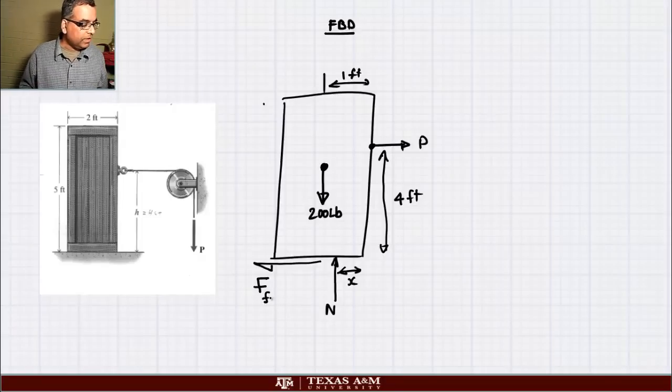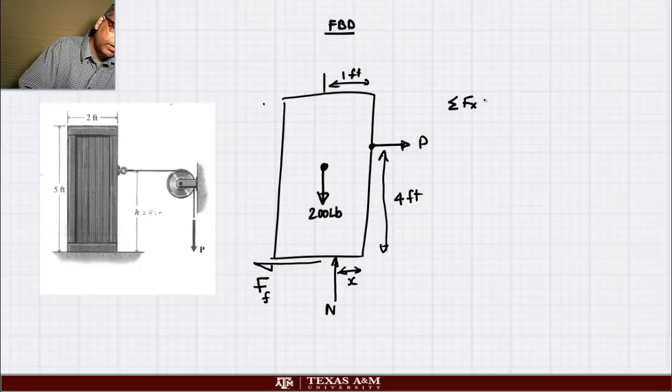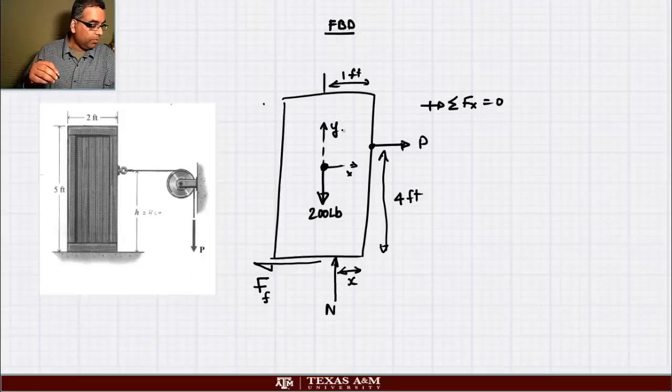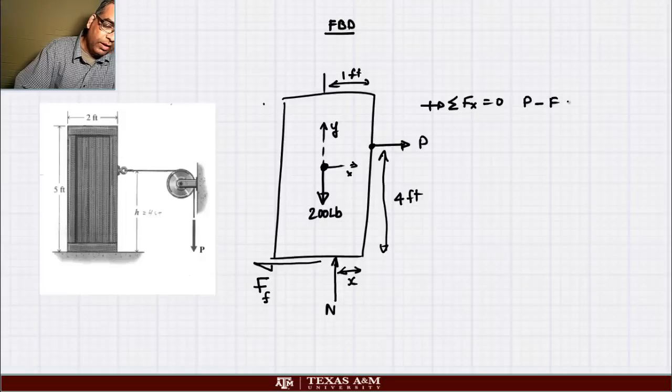Okay, now let's set up the equations, and that is easy to do. Sum of all the forces in the x direction equal to 0, this way positive, gives P minus F equal to 0. Sum of all the forces in the vertical direction gives me 200 pounds minus N equal to 0.